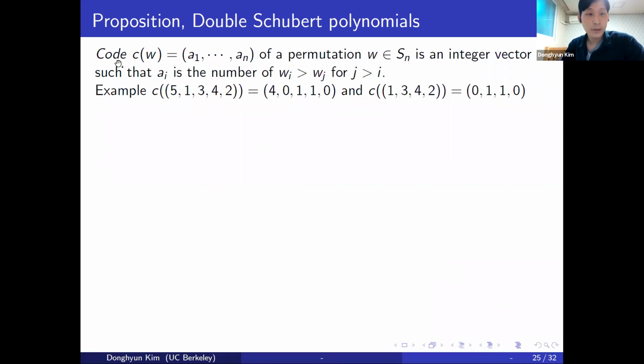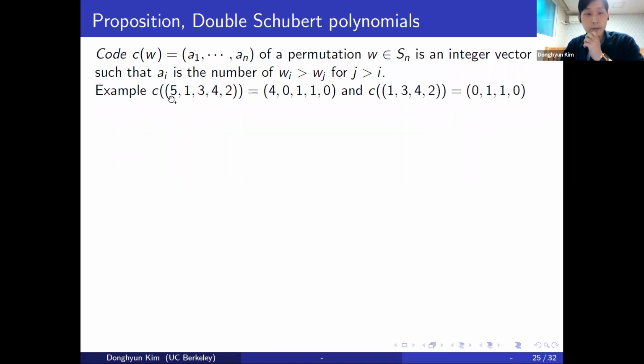So we define the code C(W) of a permutation W in Sn. C(W) is an integer vector (a1, ..., an) such that ai is the number of j greater than i with Wi greater than Wj. So this is the example: the code of the permutation 5, 1, 3, 4, 2.